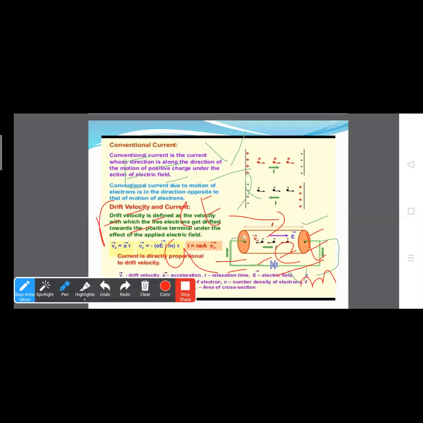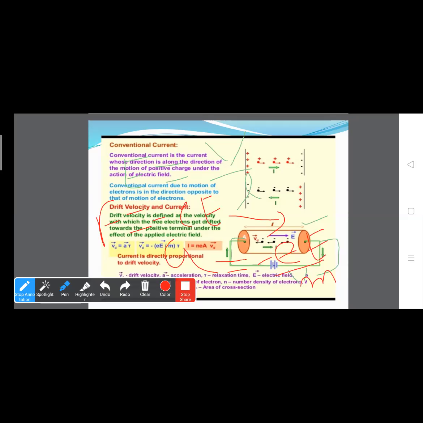However, the gain in velocity of the electron due to the electric field is very small and is lost in the next collision with ions or atoms of the conductor. So as a result, the acceleration of the electron is not proportional to the applied electric field, right? The positive ions also experience a force due to this electric field, but they cannot move. Why can they not move?